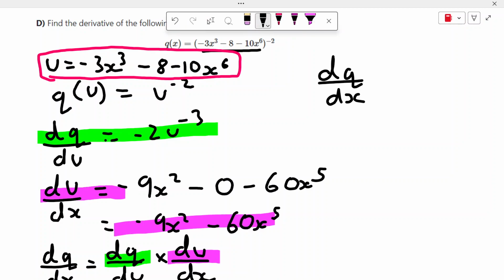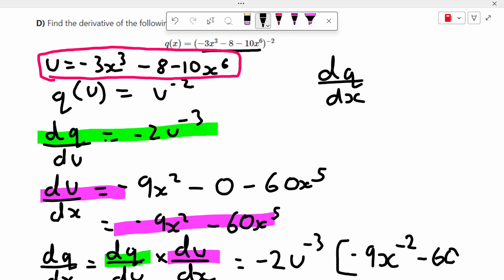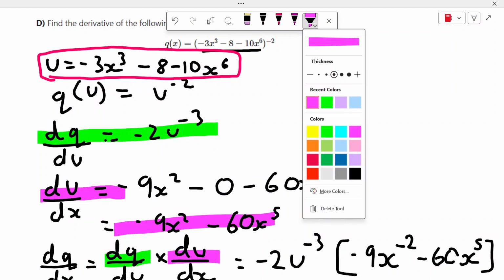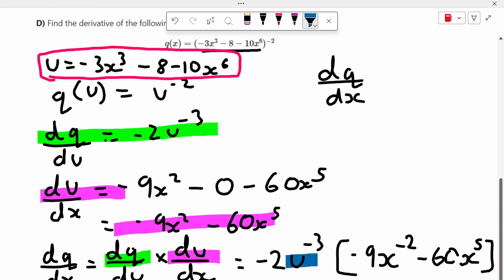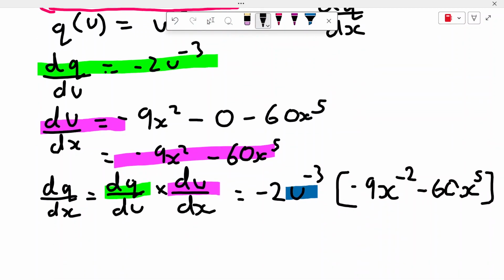Okay, so if we multiply everything out, we're almost there. And now the problem is that we've still got this pesky u here. So we need to substitute it out using this equation at the top here. That's our last step, and then we've completed the question.